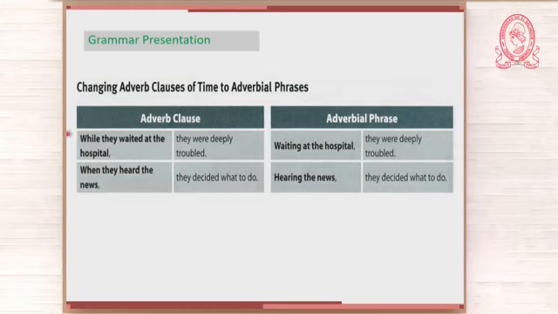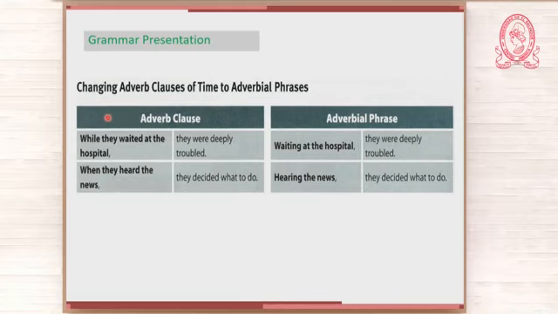Look at this. While they waited at the hospital, they were deeply troubled. What do we have here? While, yes, it is telling me it is an adverb clause, the subject they, and the principal verb in the simple past form.